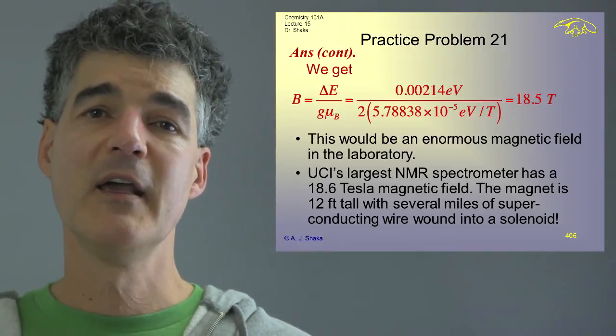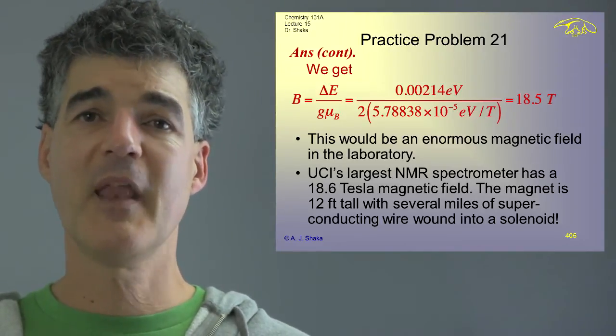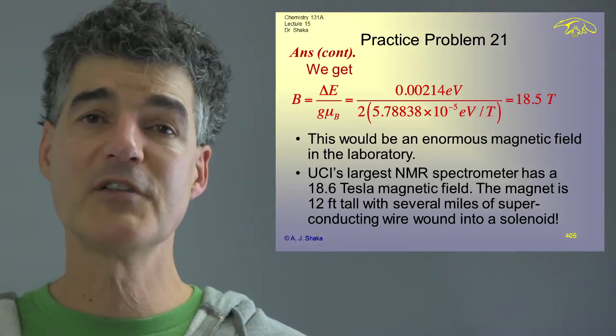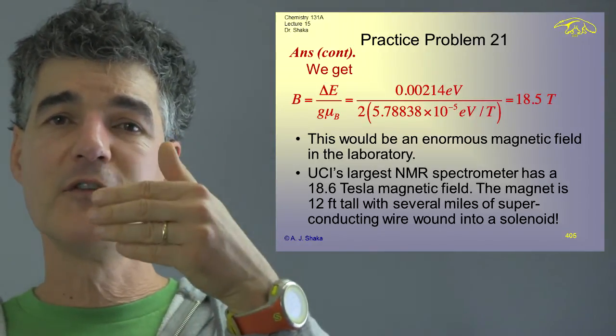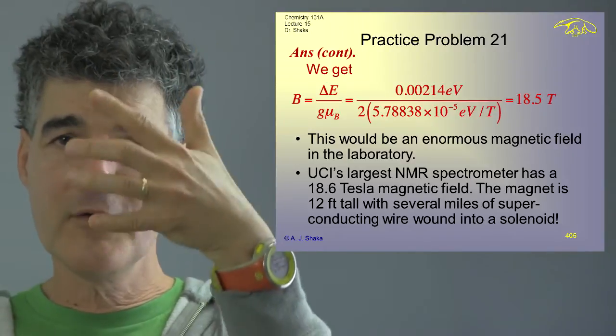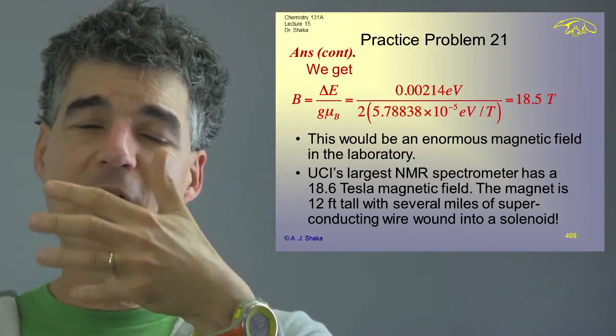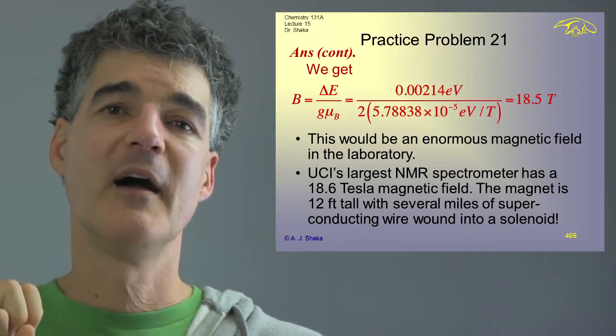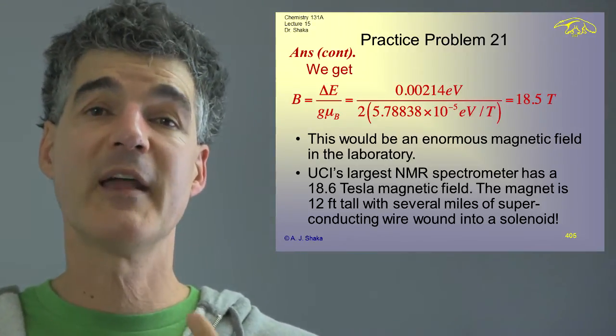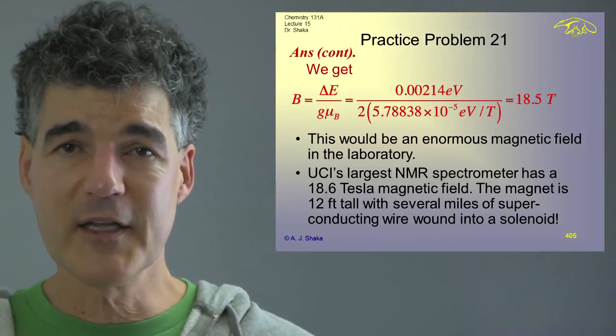And so when we take atoms and we put them in even a pretty strong magnetic field, the energy levels do split and move and do things, but they split only a little bit compared to how big they're already split due to these internal magnetic fields from the nucleus.